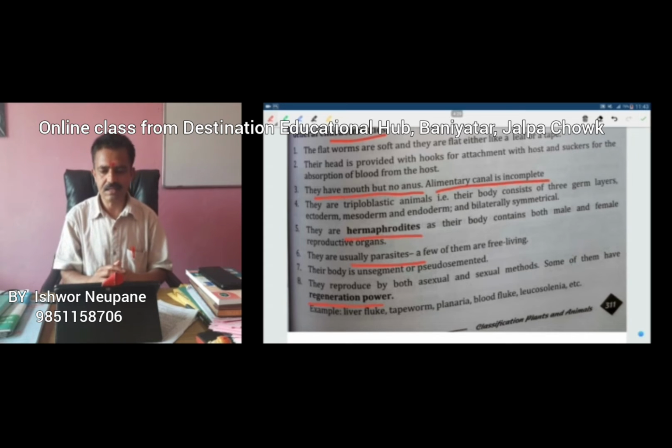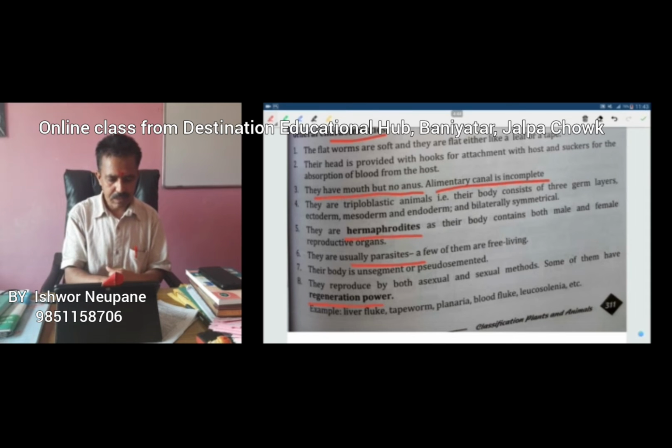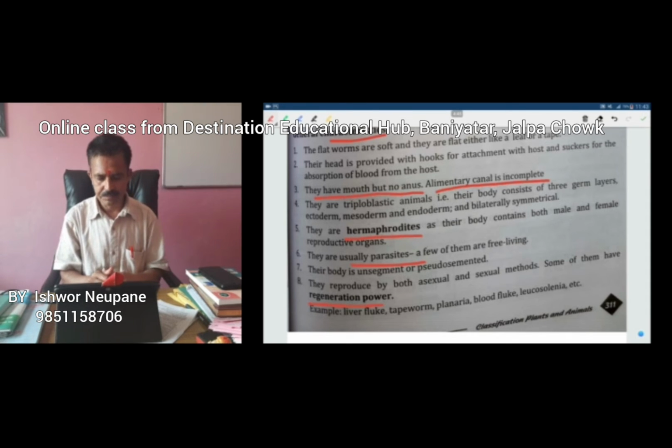Next important thing is they are parasites. What does it mean? They obtain their food from other living beings. So they are parasites. Next thing, they reproduce by regeneration method. Regeneration means when their body is cut into small pieces, those small pieces give rise to new organism.